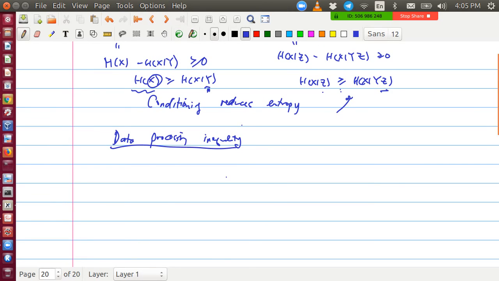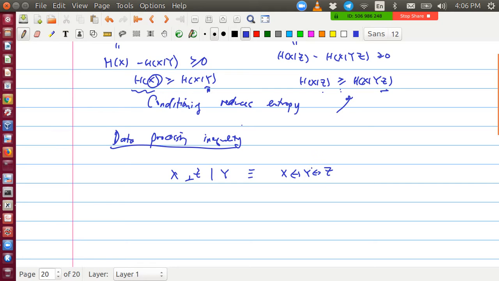We assume that X and Z are conditionally independent given Y. Or I can write it as a Markov chain X, Y, Z. These are basically equivalent. It is very natural to write it this way, because this is like a chain of information.